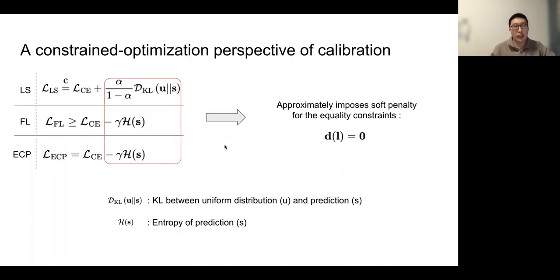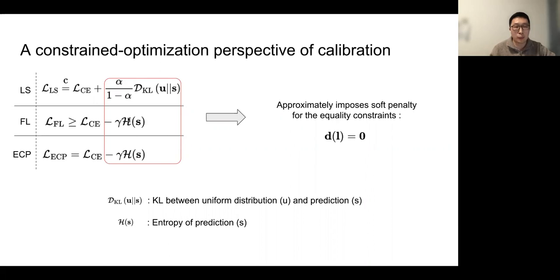So here is our finding, our perspective of the previous calibration losses. We can rewrite the three previous calibration losses by this formula. It's not very hard to get this.